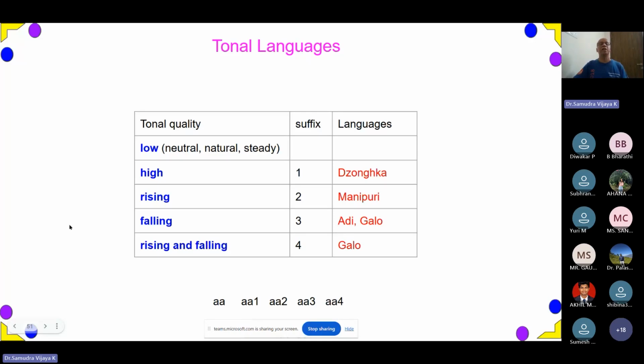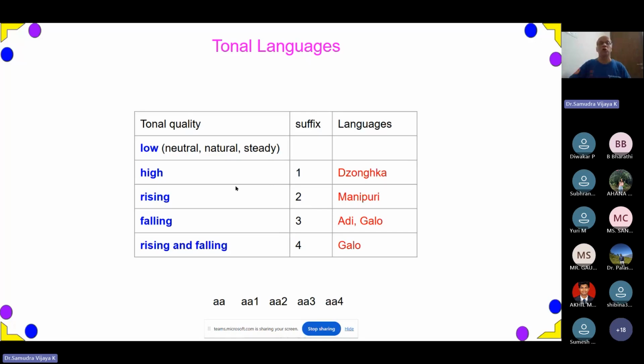Then there is a high tone, a rising tone, a falling tone, rising and falling. So the same sound is spoken with a different pitch contour, pitch variation as a function of time.